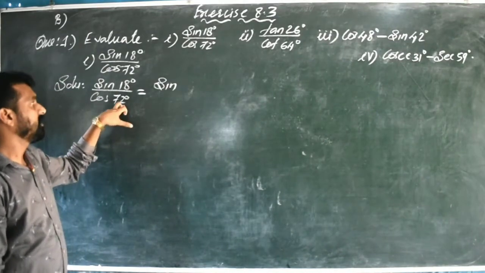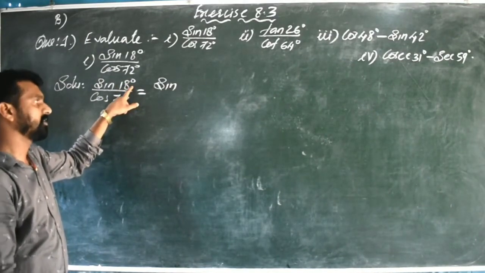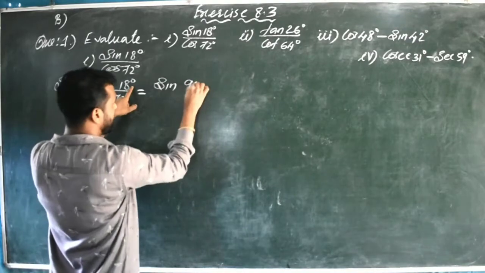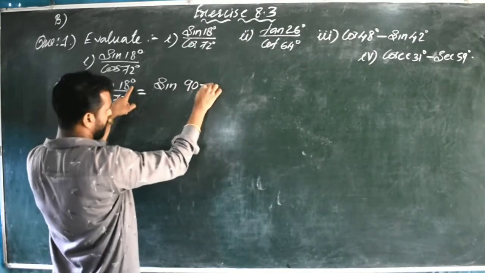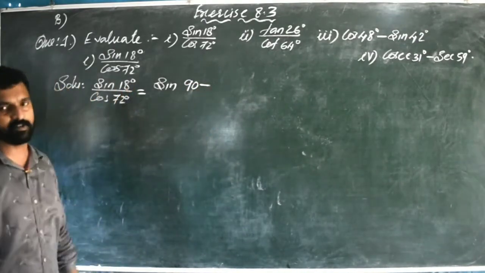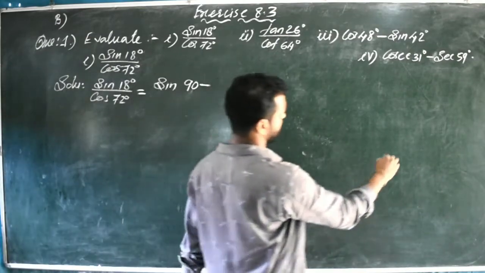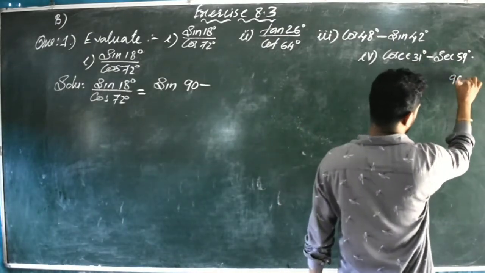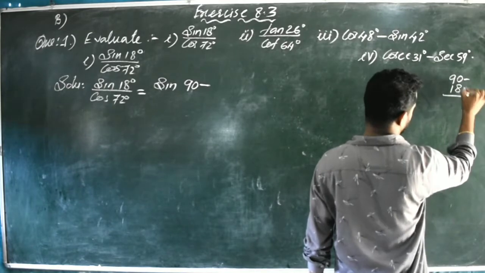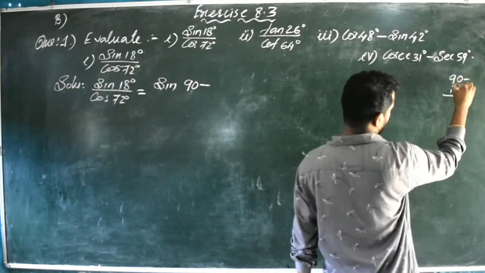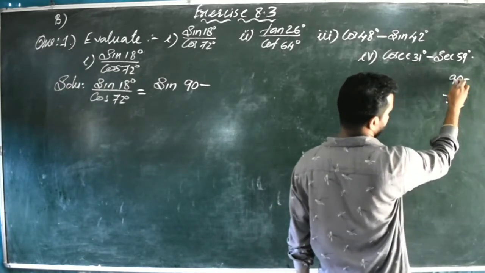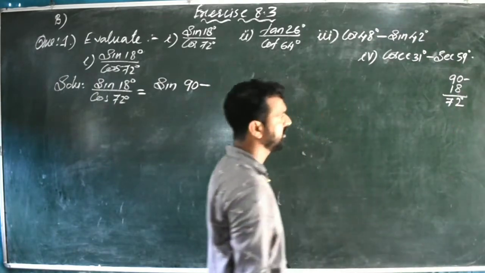That means here 18 degree is equal to 90 minus which number is equal to 18, that we have to find out. So for that you just subtract 90 minus 18, that is 72. So 90 minus 72 is 18.